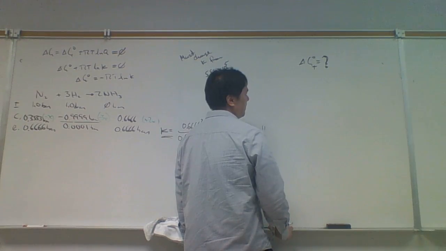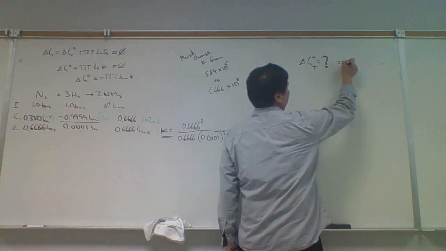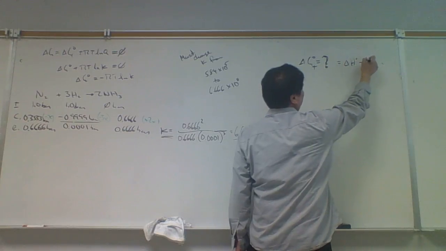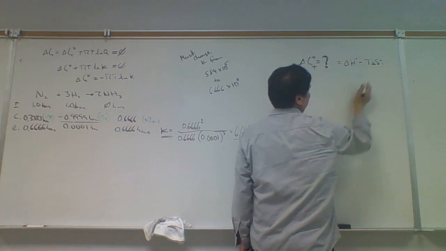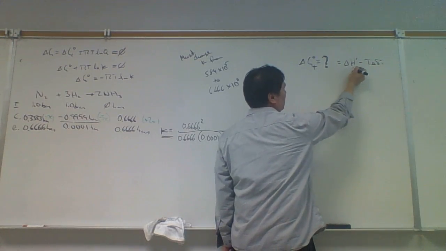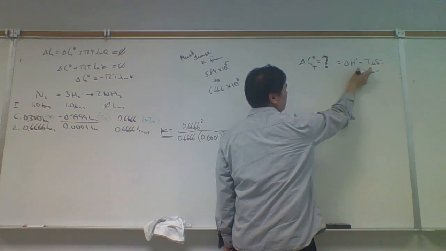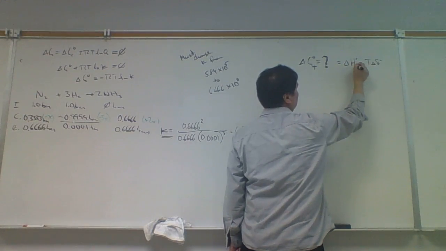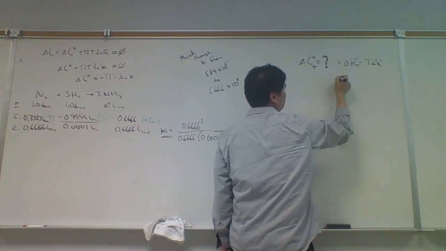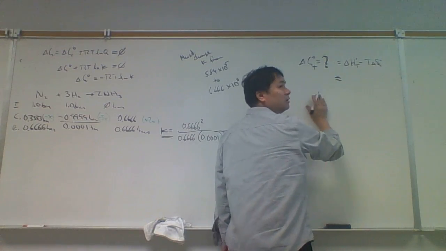It's equal to delta H naught minus T delta S naught. And what we could do here is, normally these are at temperature T, right? But we can make an assumption. What's the assumption that we can make?